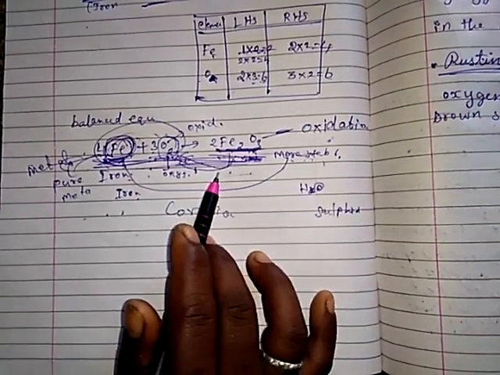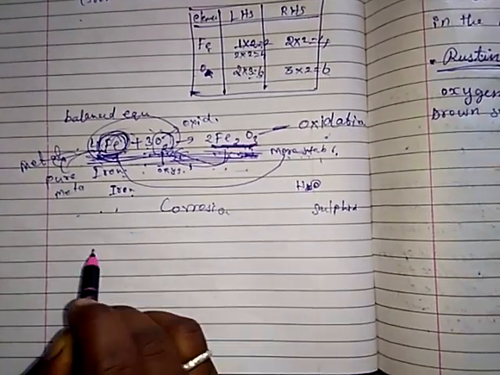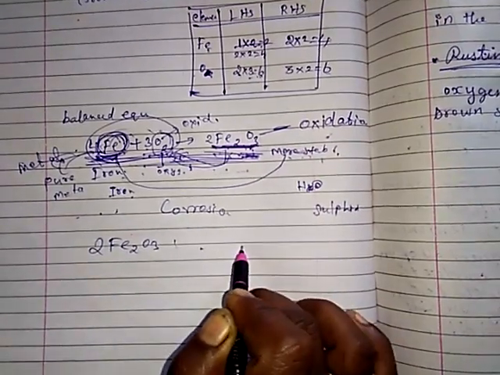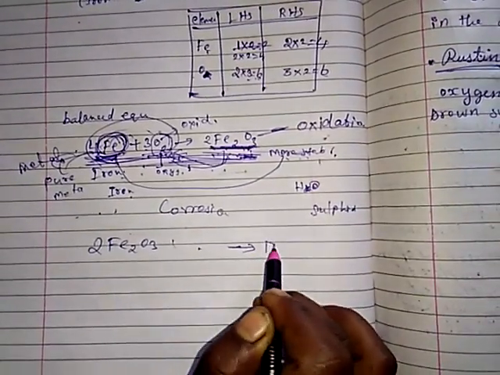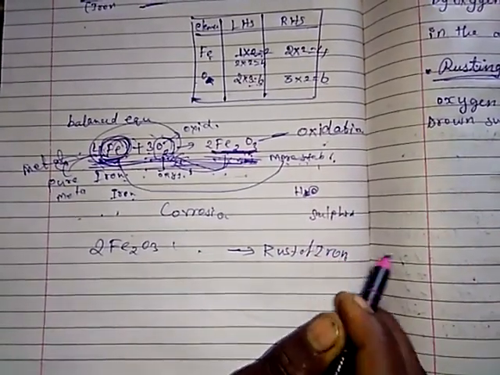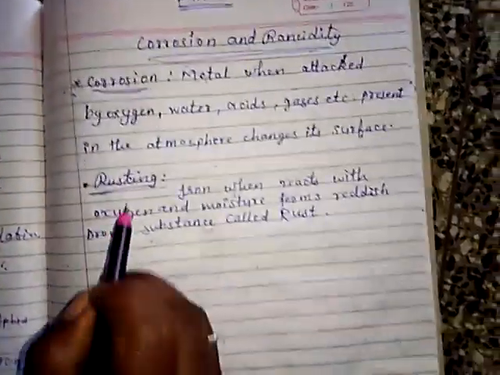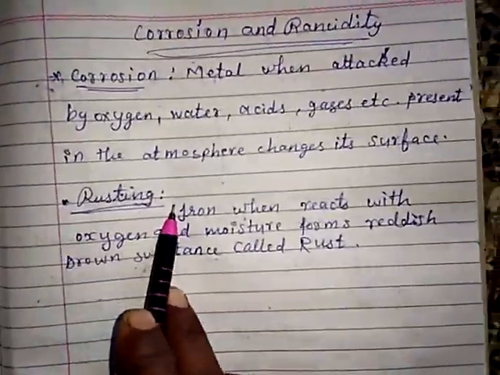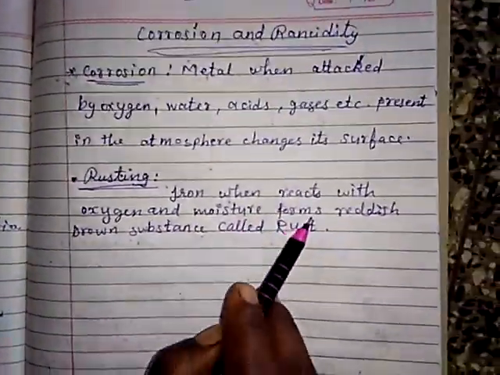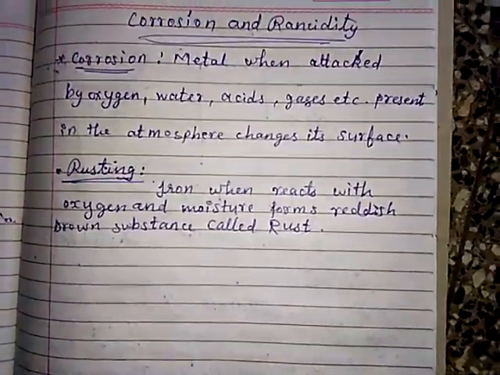So this is the example of corrosion: rusting of iron, because Fe2O3 is responsible for producing rust. What is meant by rusting? Rusting means iron, when it reacts with oxygen and moisture, forms a reddish brown substance called rust.